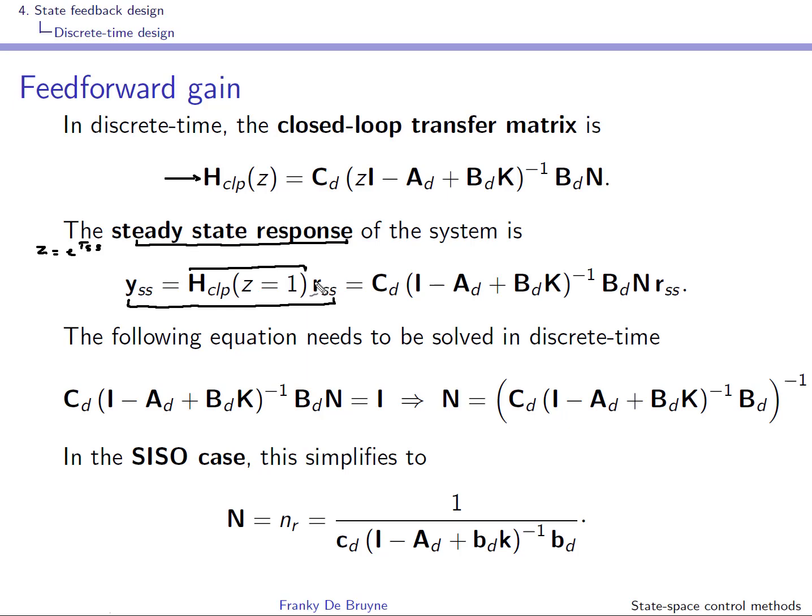In steady state, of course, we want the output to follow the reference signal, so this must be a matrix that is an identity matrix. If we compute this static gain matrix, we have to replace z by 1 over here, and we obtain this matrix that we can now equate to an identity matrix.